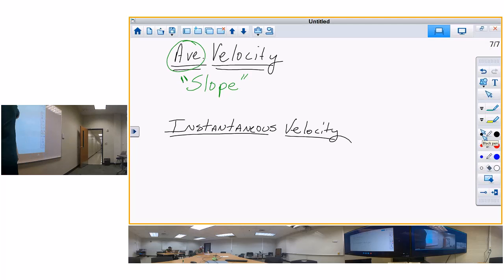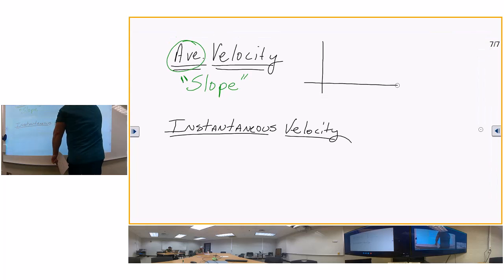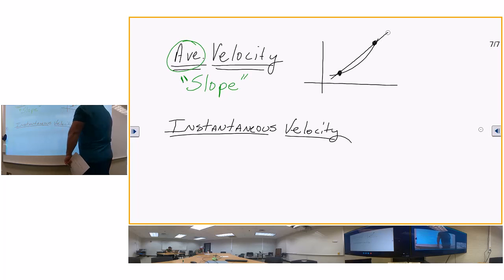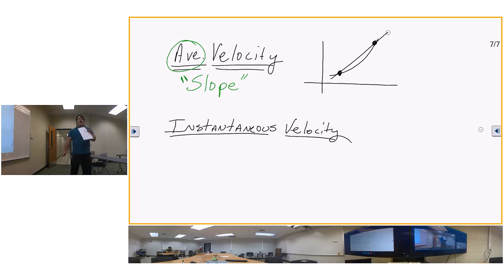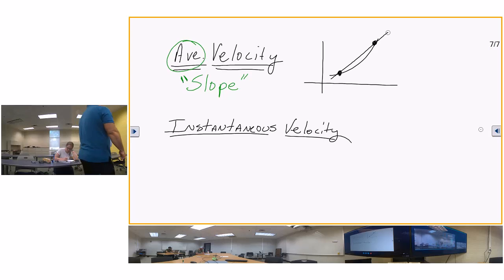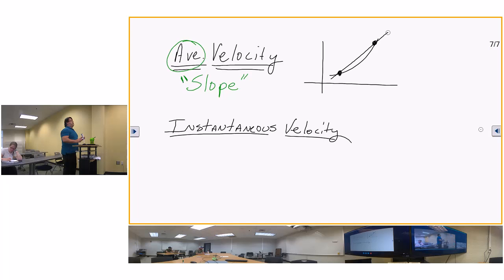Y'all suck. Anyway, we got a line. We got 2 points. And yes, it will be the secant line. That's what the average velocity will be. Write that down. Or the average growth, or the average whatever. Whatever they ask for average, it's going to be the slope. So you're going to take those 2 points, and you're going to do y sub 2 minus y sub 1 over x sub 2 minus x sub 1.